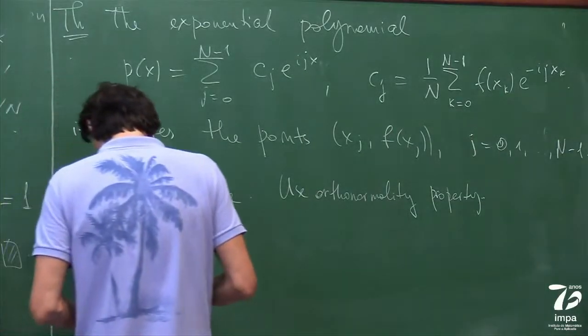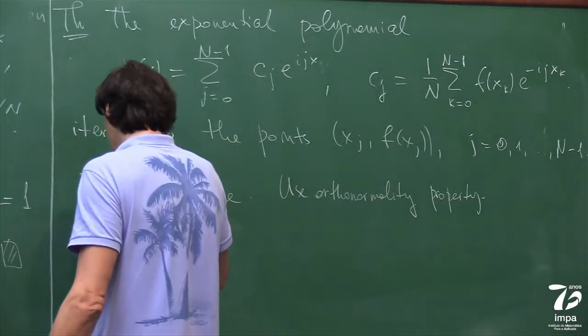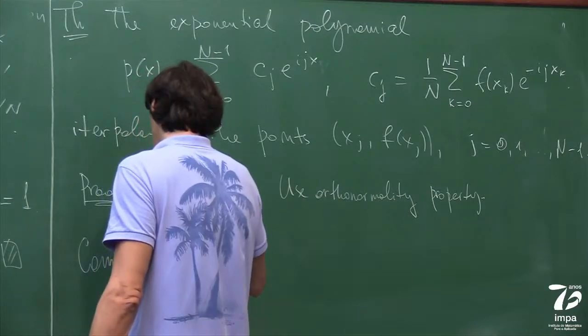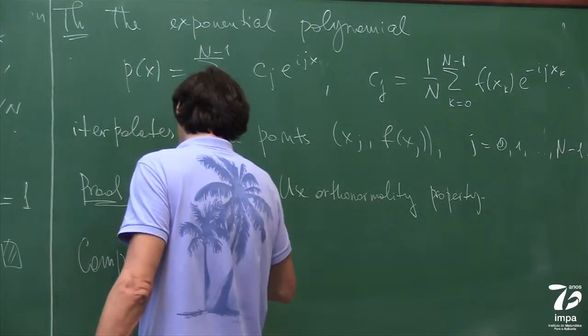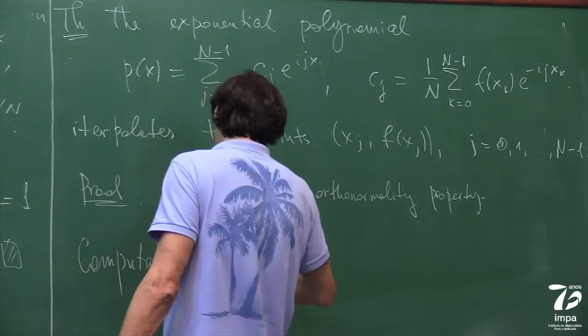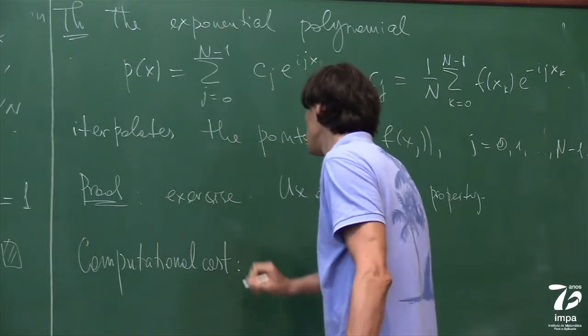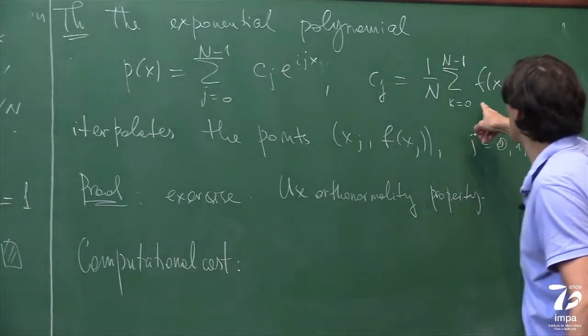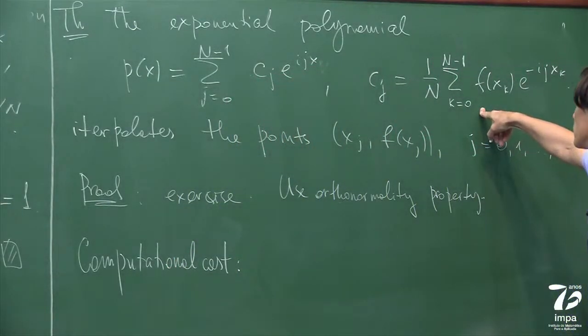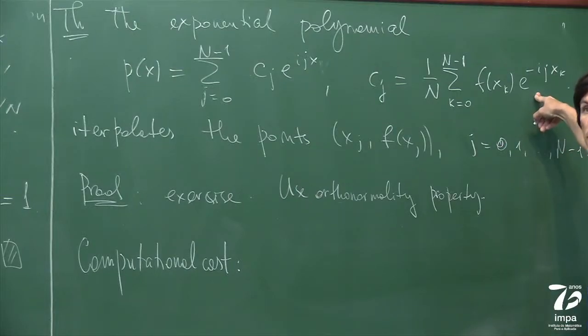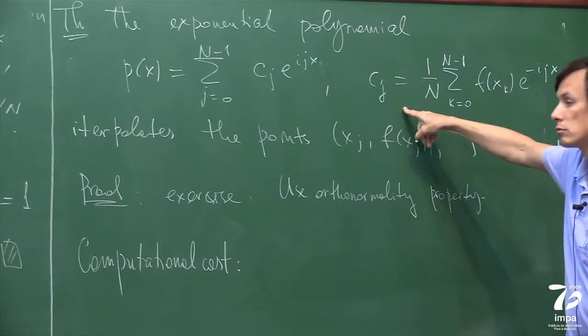So the computational cost is that you need to take the sum of f of n values times exponents for each.